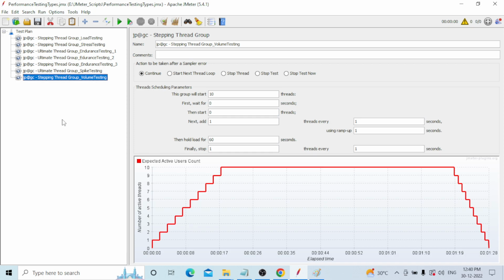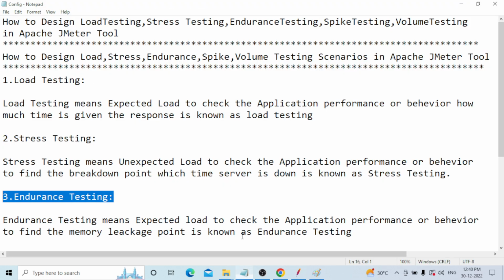Yeah, this is for today's topic. It's almost done. And another thing: especially this one, load, stress, endurance, spike and volume, these are also common interview questions.